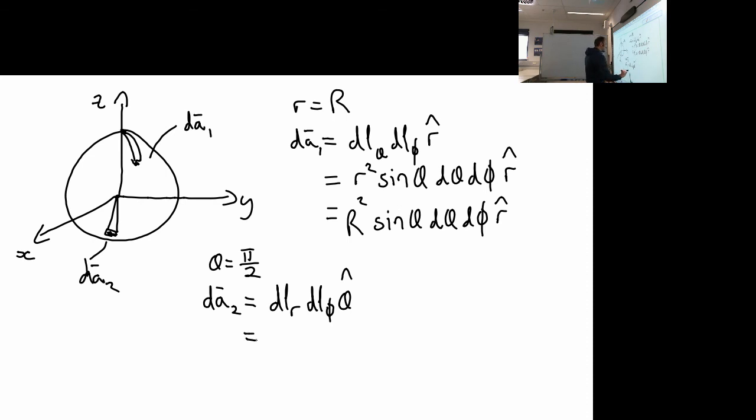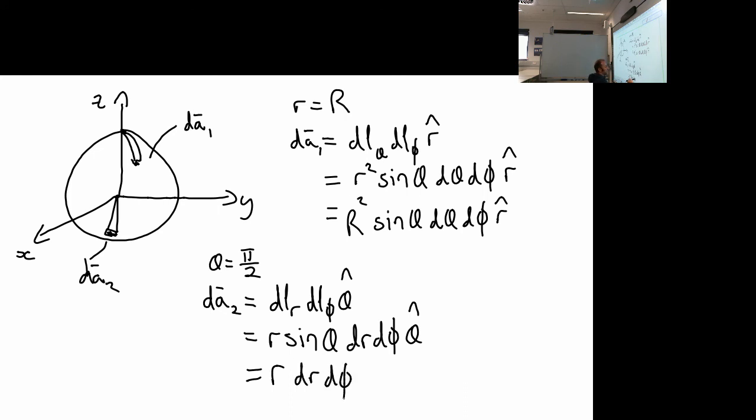So with r and phi changing, we have r sine theta dr d phi theta hat. Theta is equal to pi over 2, so we're left with r dr d phi theta hat. And for the second surface, we would integrate between 0 and big R for r, and we would integrate between 0 and 2 pi for phi.